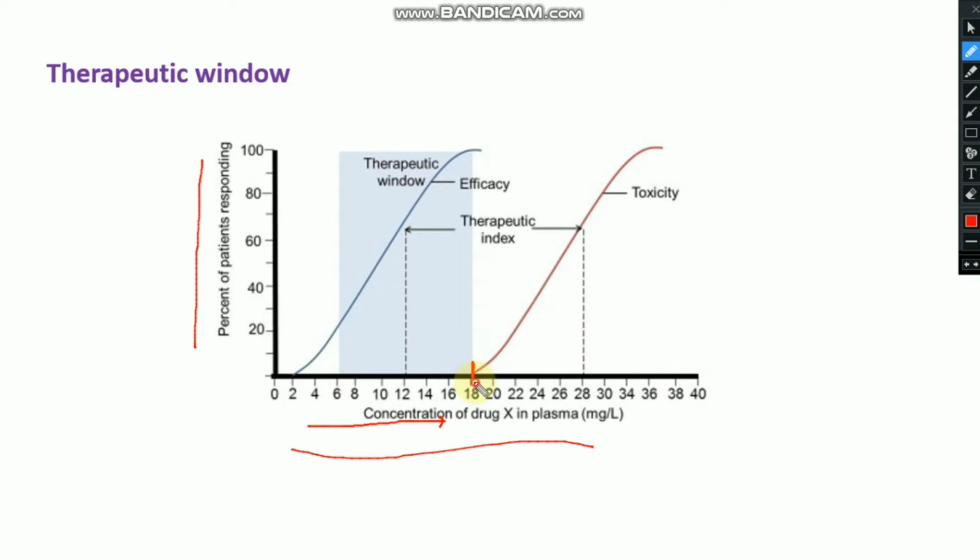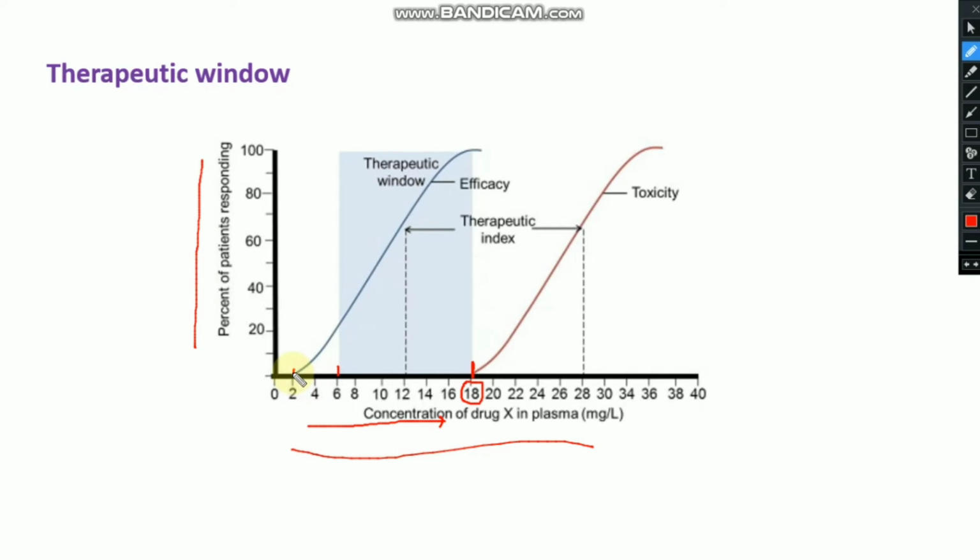This is around 18 mg per ml, the maximum effective concentration. In this concentration, toxicity started. The response starts from here, because when you start from a low concentration, it does not give any therapeutic response.